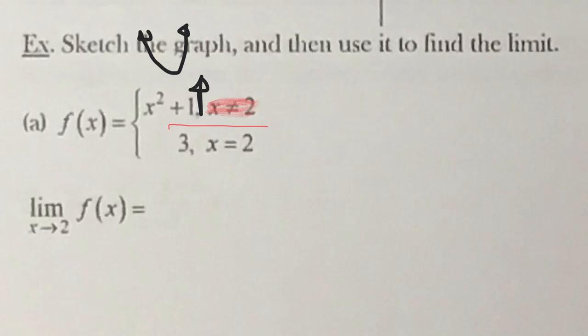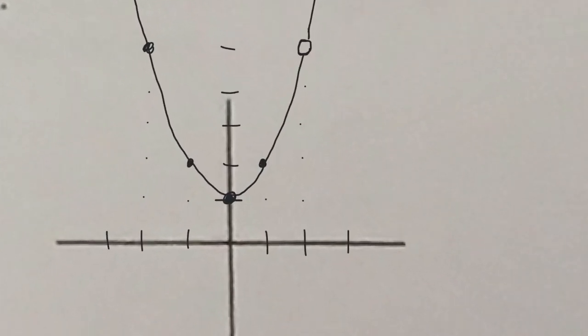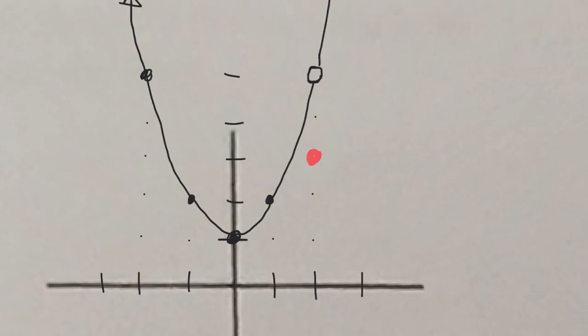At 2, the y value is 3. Everywhere except at 2, we follow the x squared plus 1. When it's 2, the answer is 3. So we put in a closed dot at the coordinate 2, 3. When the x value is 2, the y value is 3.